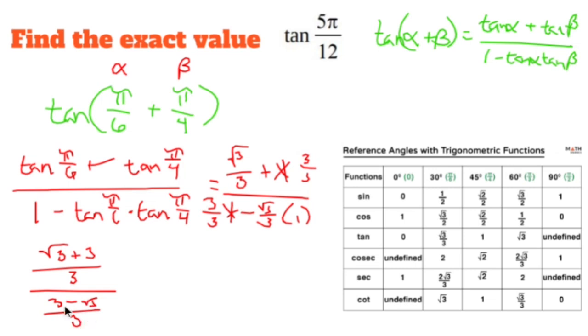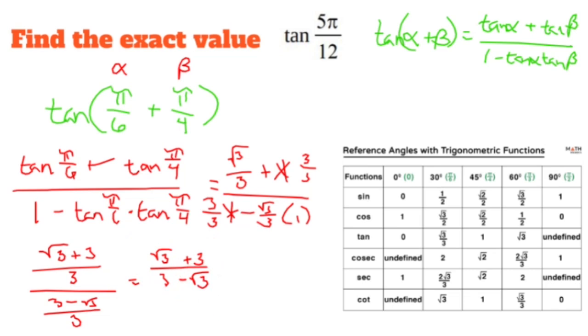Multiply the top and the bottom by the reciprocal of this. If I multiply the top and the bottom by 3 over 3 minus root 3, the 3's cancel out, and that gives me root 3 plus 3 over 3 minus root 3.